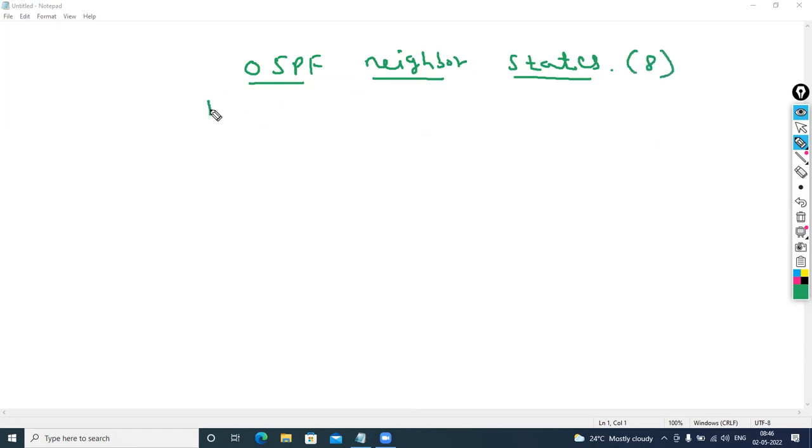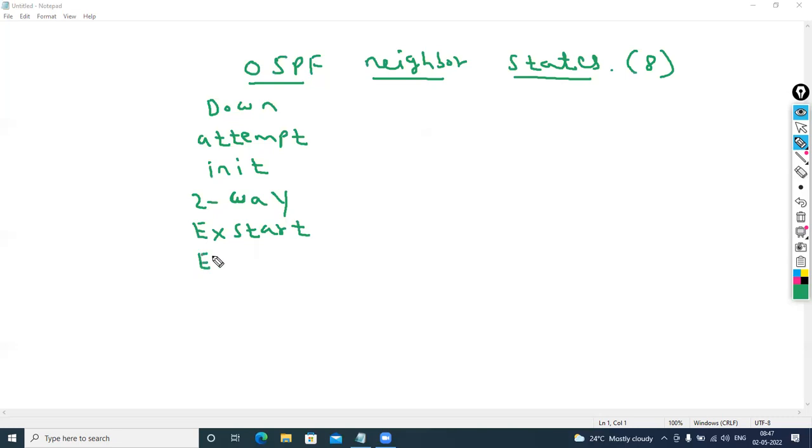We have down, attempt, init, two-way, exstart, exchange, loading, and full.